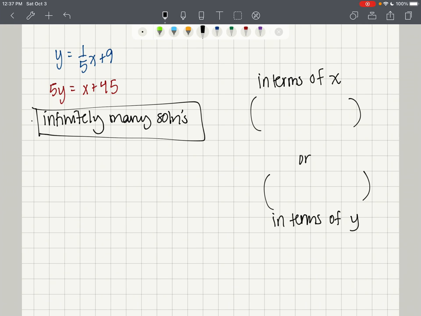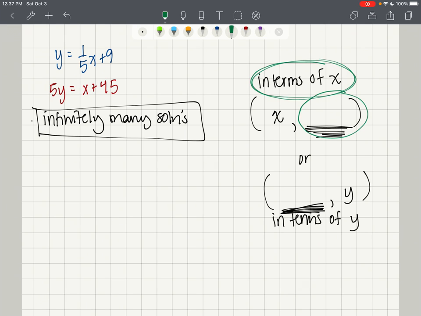We can write both coordinates in terms of x by solving for y. So if I say I want this in terms of x, then I'm going to have x comma some value for the y-coordinate. If I want it in terms of y, I'm going to have some expression comma y. This expression needs to be in terms of x.